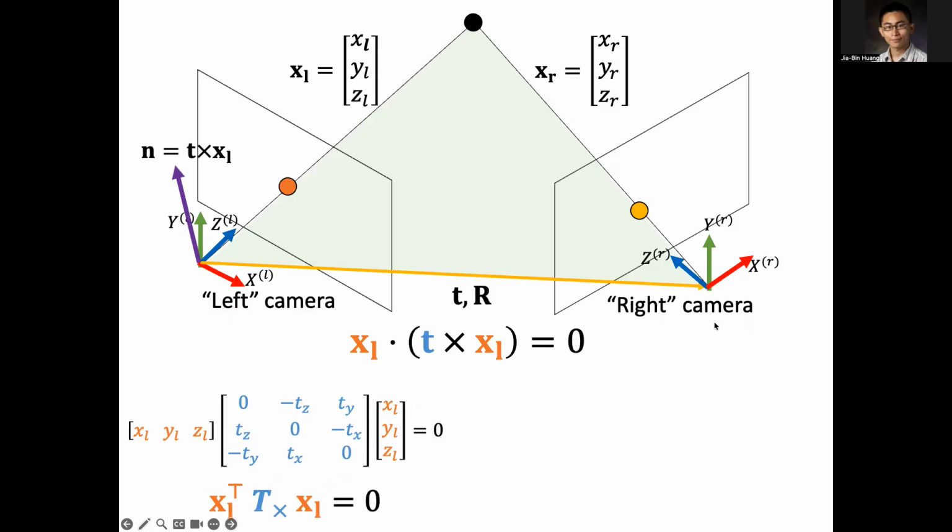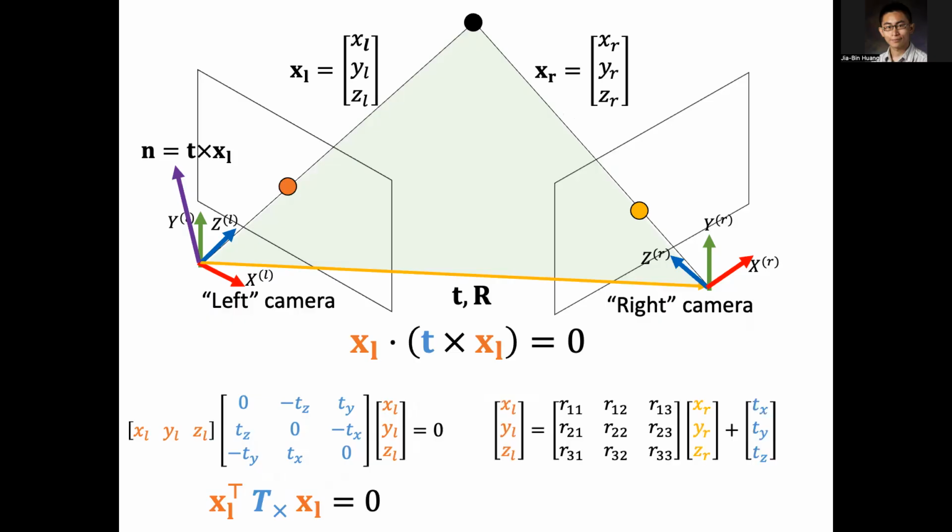What it means is that I can describe XL, YL, ZL as a rotation and translation of XR, YR, ZR. Does this make sense? The same point is described by two coordinate systems, and the two coordinate systems are related by a rotation and translation. That's it.